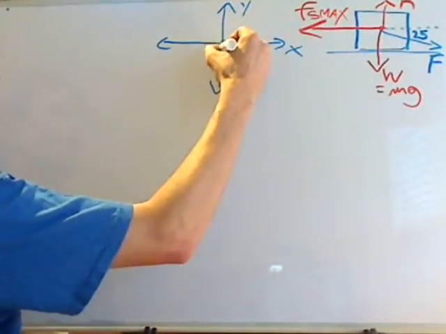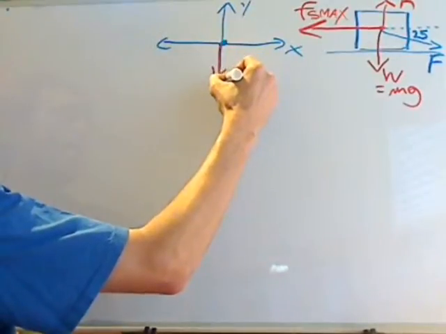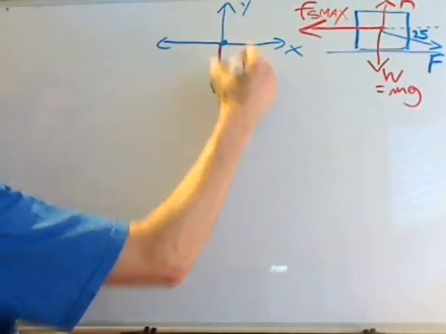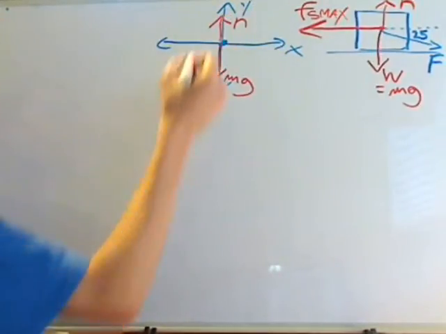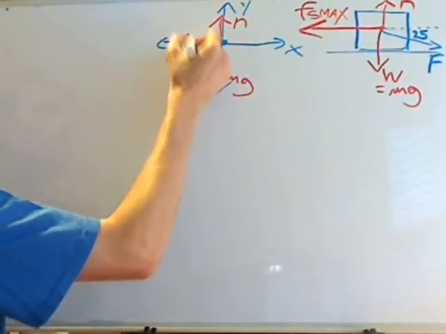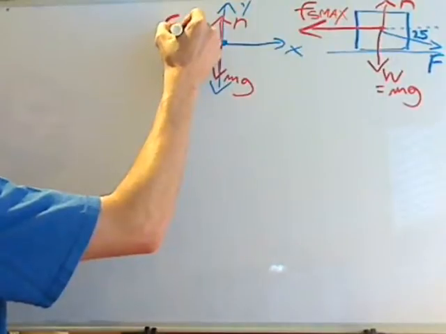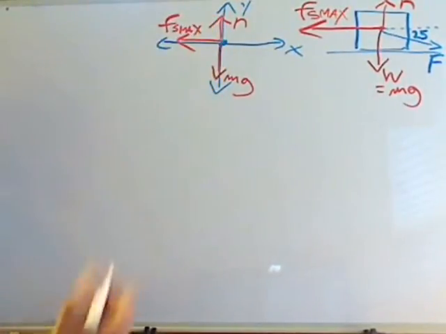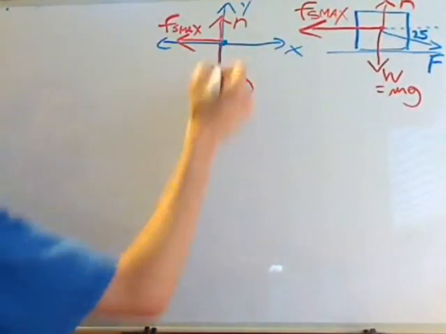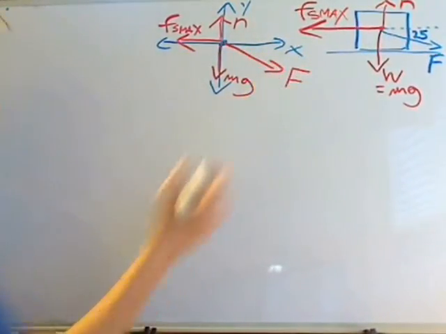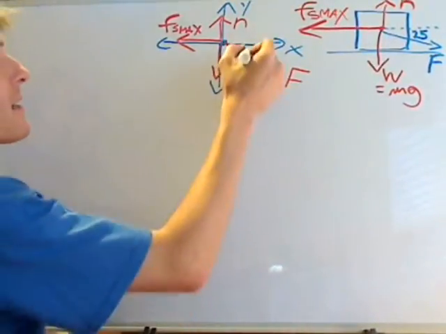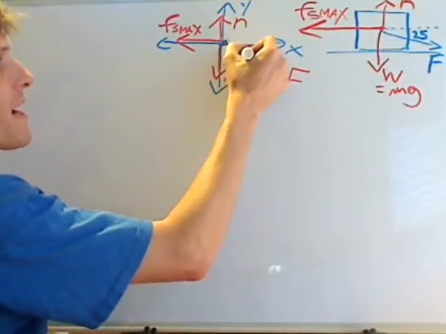We have mg downward, normal force pointing upward, our maximum force of static friction to the left, and then this force F, which pushes down this way at a 25-degree angle.